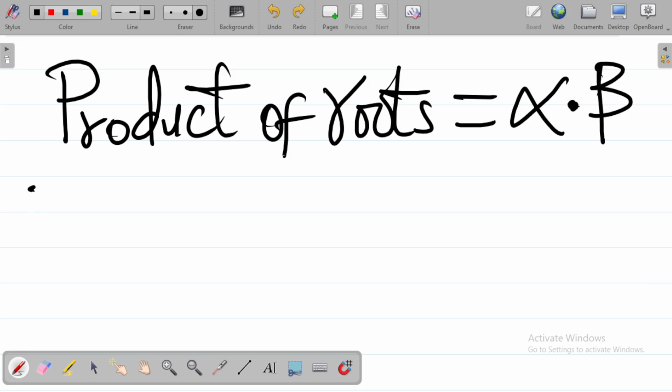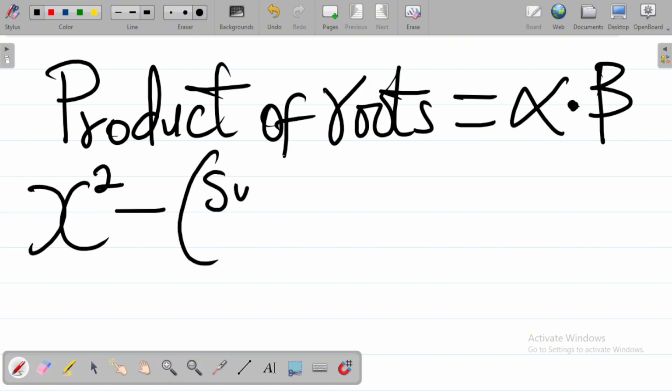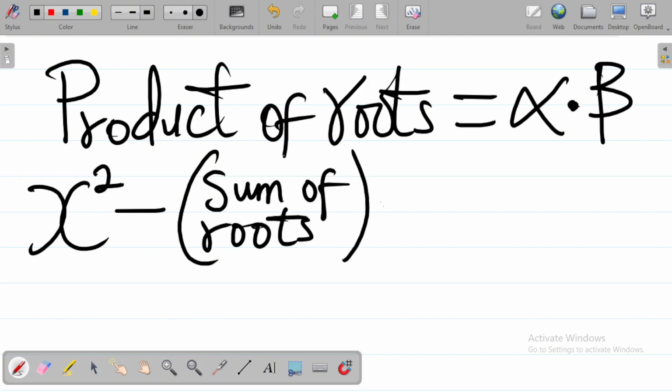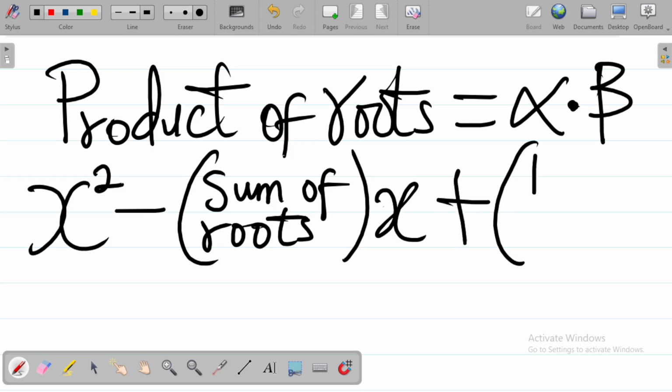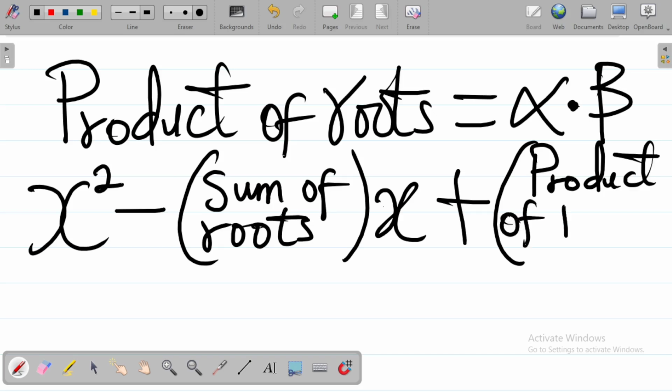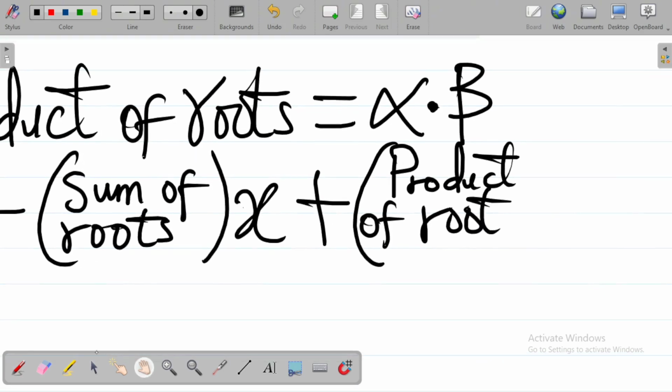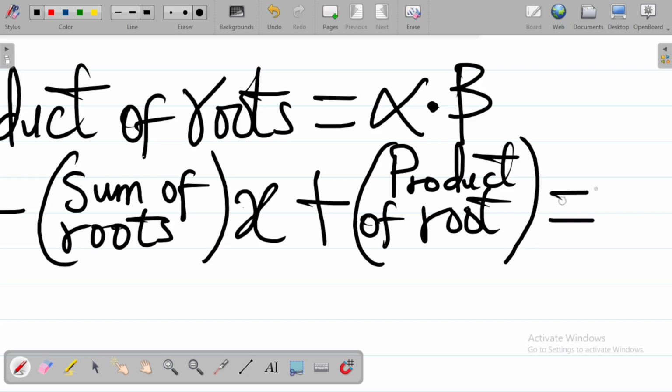Alright, take note of this. x squared minus sum of roots multiplied by x plus product of roots is equal to 0.